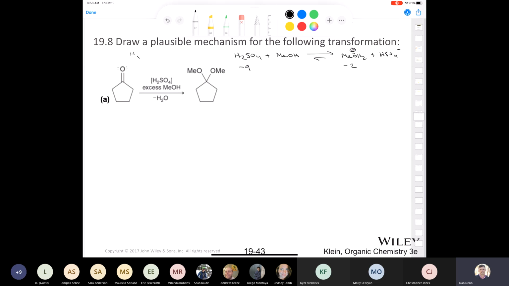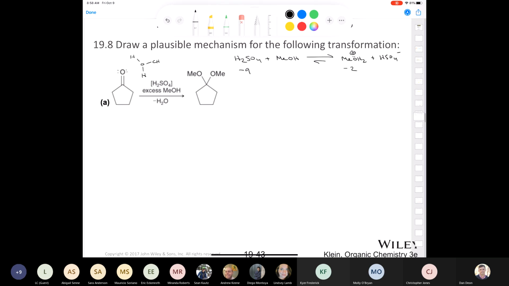Therefore, to correctly draw the mechanism, you would draw a protonated methanol like this, or the oxonium of methanol, and you would draw your curved arrow like this. Remember that all of these steps are in equilibrium. We push the reaction forward by removal of water. Let's draw the protonated carbonyl, or the oxonium, like that.